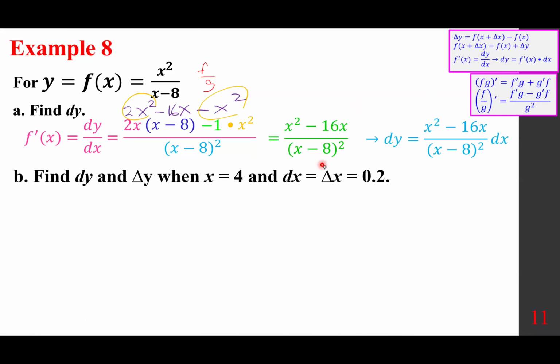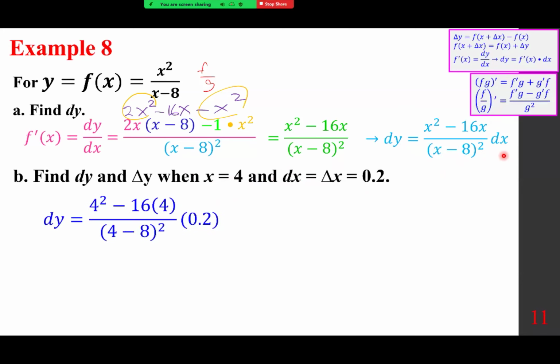Find dy and delta y when x is 4 and dx or delta x is 0.2. So let's plug into this. Let's start with this one. x equals 4 and dx or delta x equals 0.2. So we want to evaluate this at these given values. This is simple.